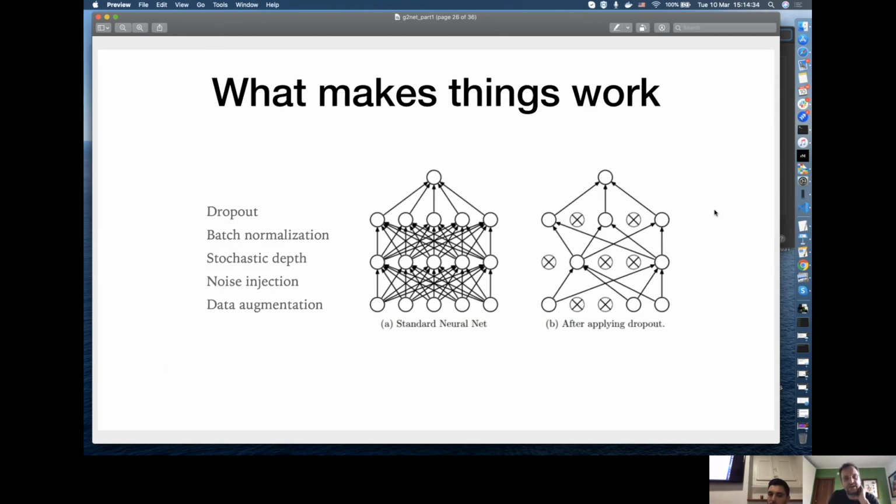Okay. And then on top of what you have just seen, we have a number of other things that actually make things work, which are tricks that are counterintuitive at the beginning, but they can really be very important to be able to train these objects.